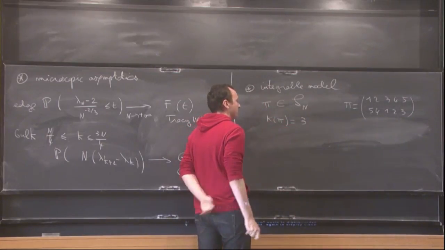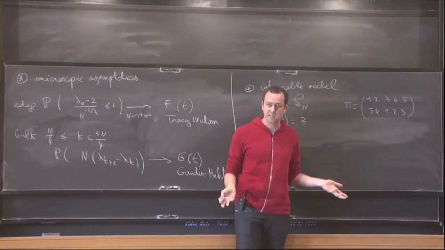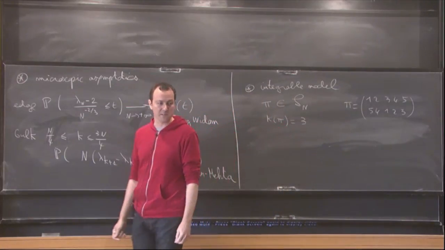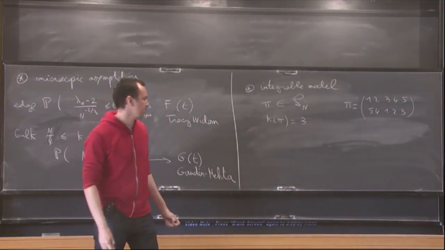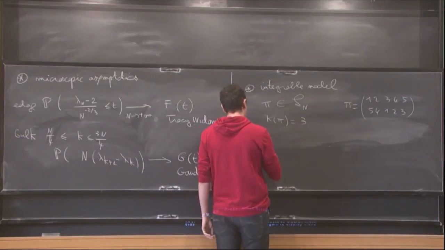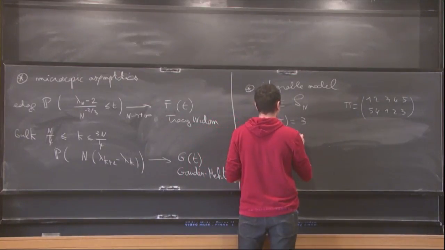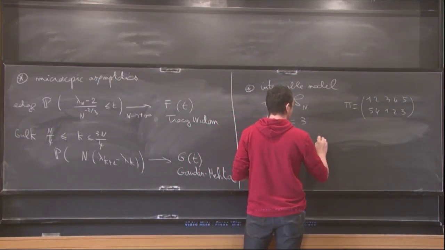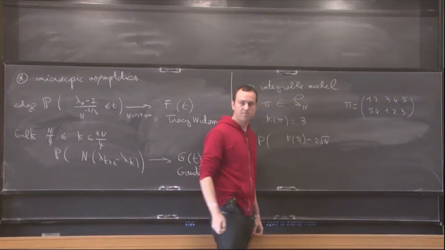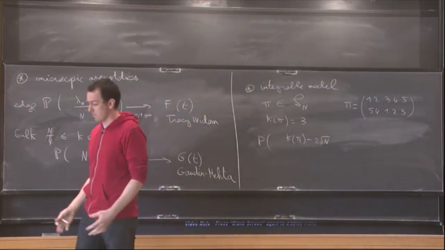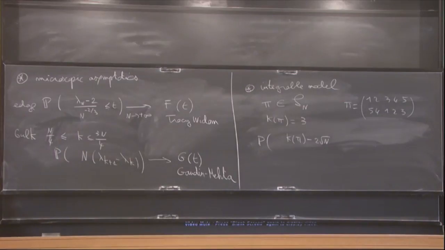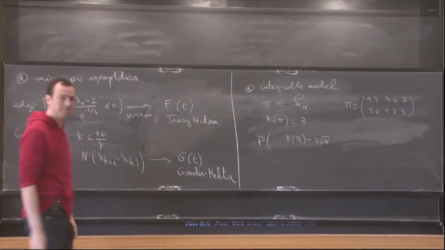And you may wonder about what is the typical size of this when n goes to infinity, and what are the fluctuations around this typical size. And what you can prove is that this k of pi is of order 2 square root of n. And the fluctuations are non-trivial and quite unusual in probability, with an exponent n to the 1/6.